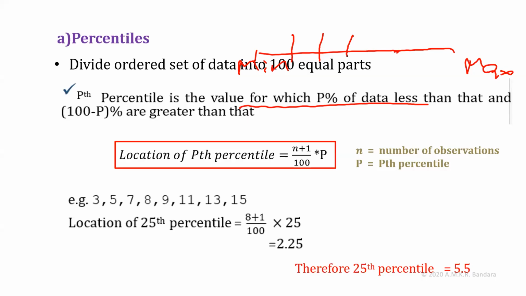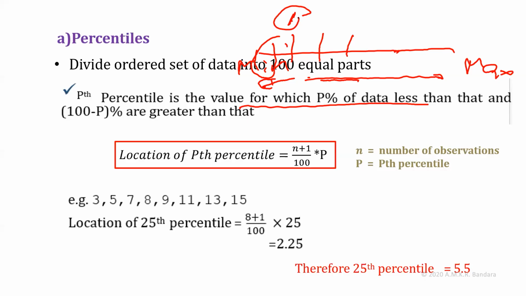The first percentile means 1% of the data in the data set are less than that value, and 99% of the data in the data set are greater than this value.